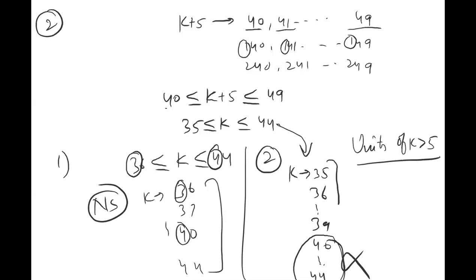It can only be in the 30s. So 3 would be the tens digit, sufficient. Because the tens digit in the 40s can only be a maximum of 4, it can't be 5 or bigger. Is that fine?